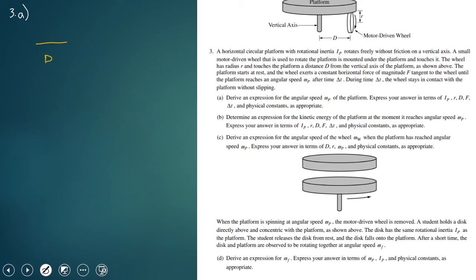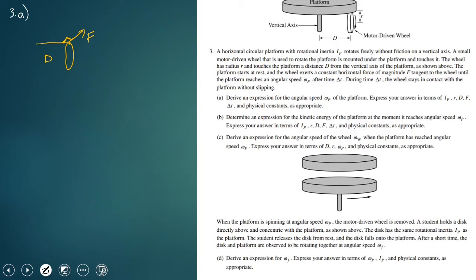And so because we have a force that's going to act at a 90-degree angle horizontal, this is kind of what it looks like. So that's the wheel, and we have a force. And so keep in mind that because we have a force acting a distance and it's not going into the center of the platform, so it doesn't pass through the center of the platform, we have a torque. And so that's exactly what we're going to utilize.